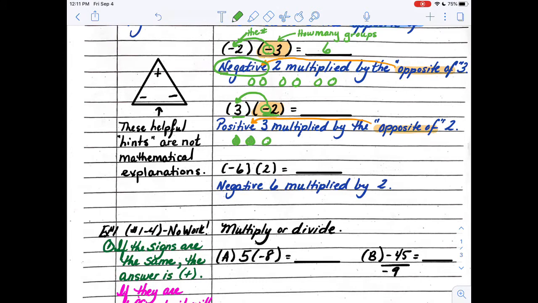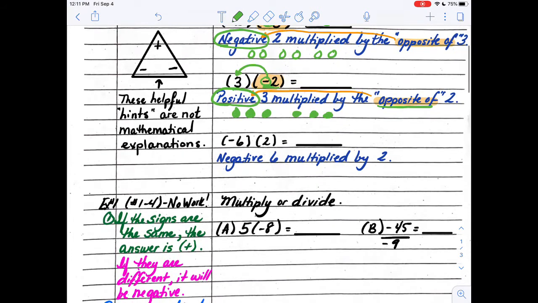It's going to turn those into 3 negatives, and then I need 2 groups of those negatives.